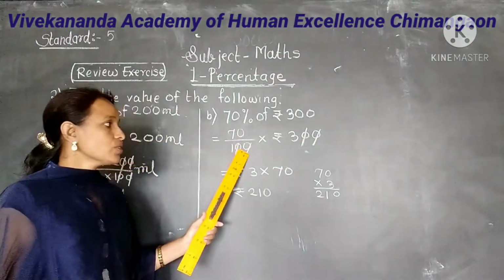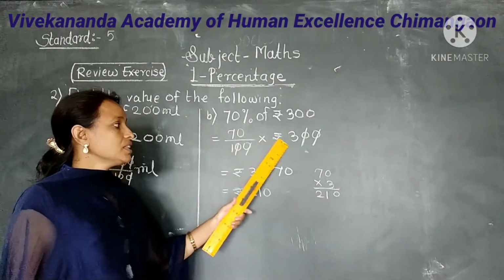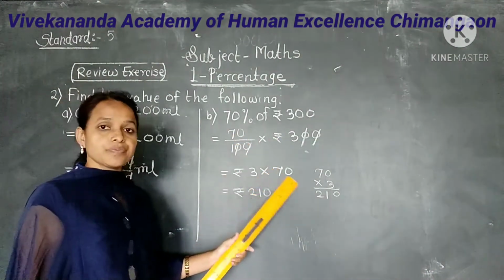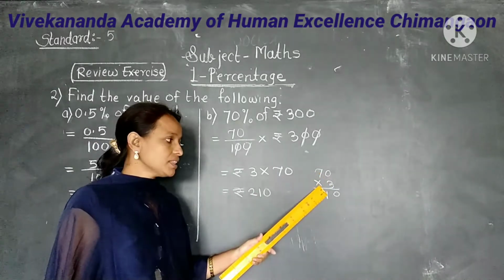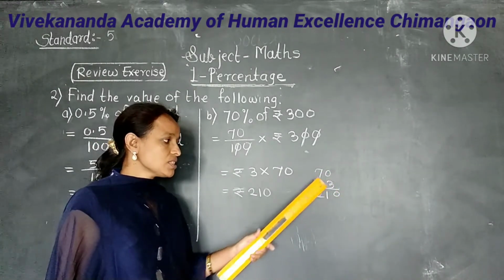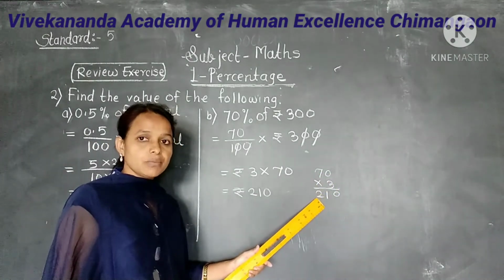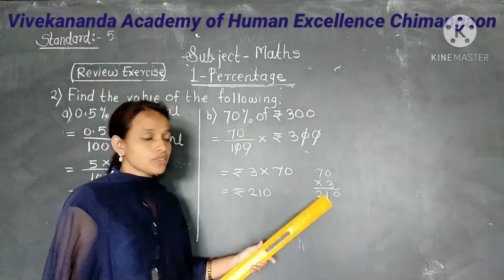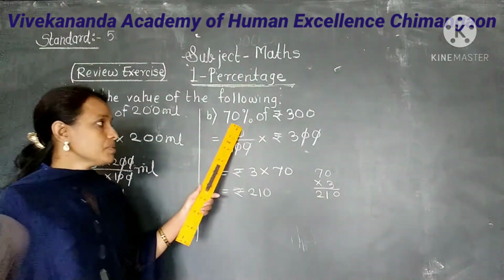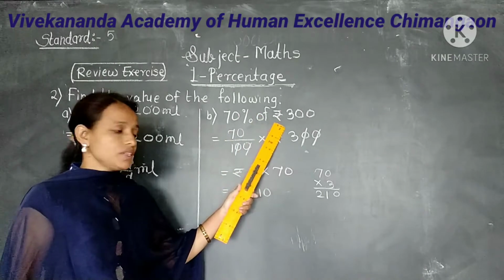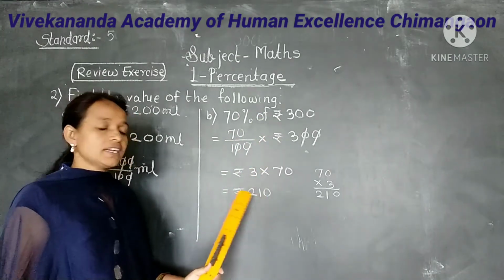Here 0 0 get cancelled, remain 3 into 70. Here we multiply 70 by 3. 3 zeros are 0, 3 sevens are 21. We get here product 210. So the value of 70% of 300 rupees is 210 rupees.